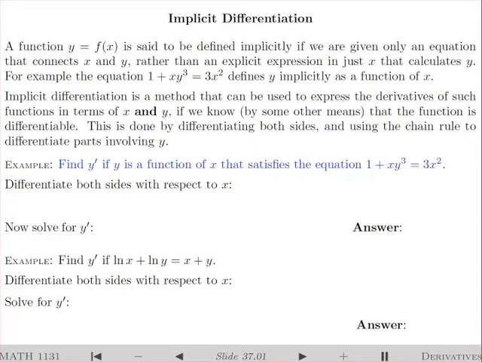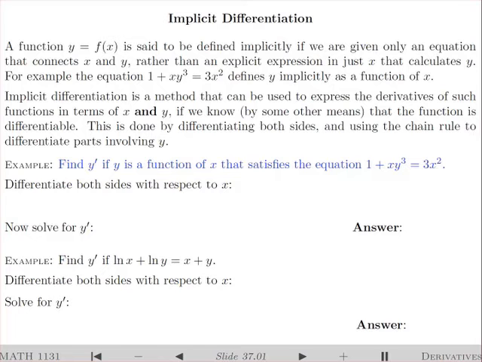So let's take the example 1 plus xy cubed equals 3x squared. I differentiate both sides with respect to x. And I do this using the same process we have been using. Start with the outermost operation, apply the rule for that, and continue inwards. As you do this, eventually one of two things will happen.